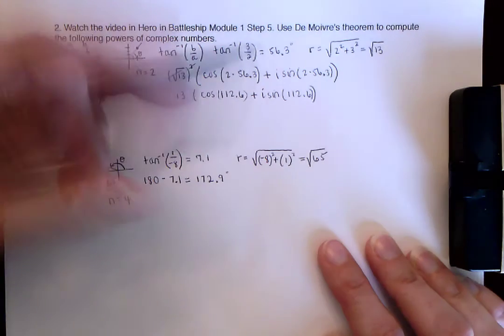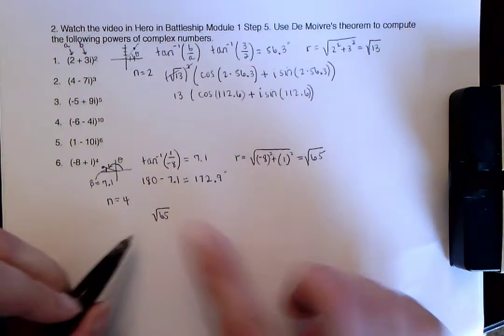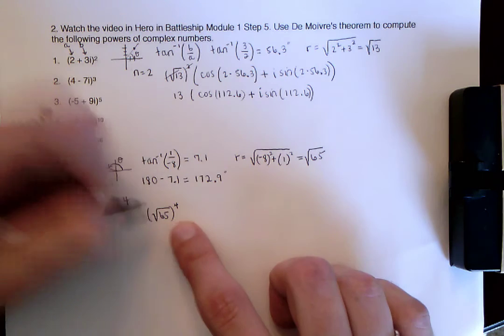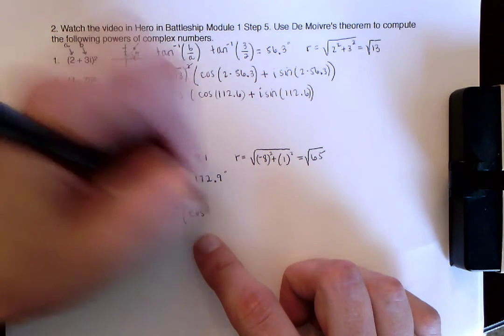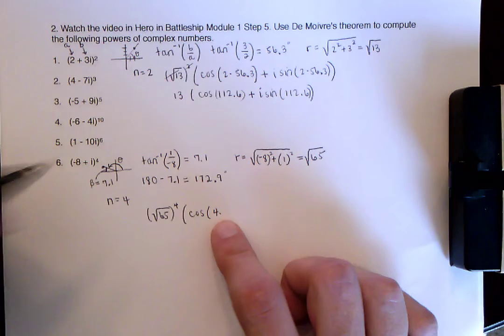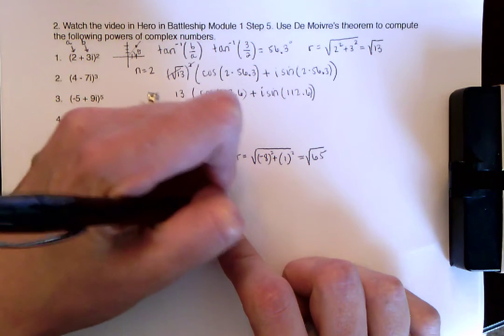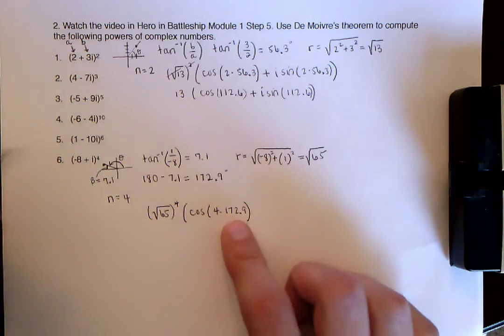So now you have to do the square root of 65, that's the radius, to the 4th power, times cosine of, this time, again, n is 4, so it's 4 times the 172.9 degrees. It's going to be pretty big, huh?